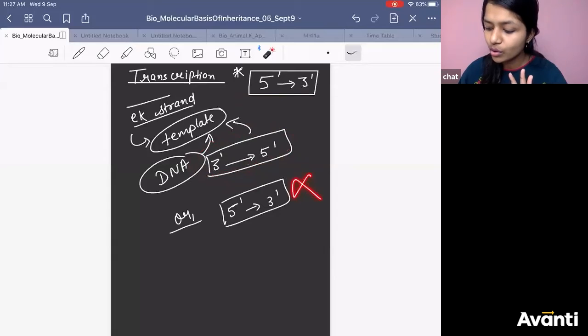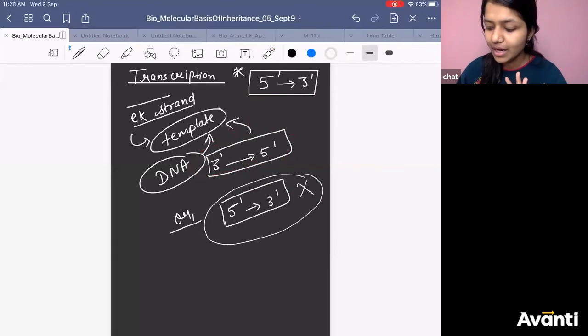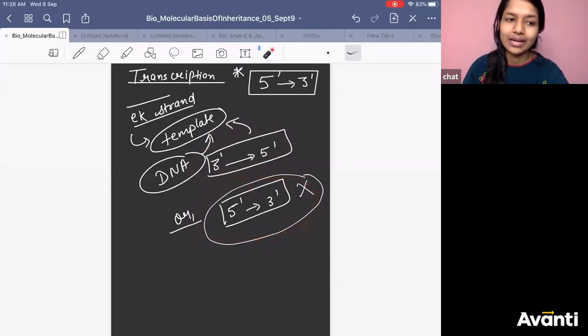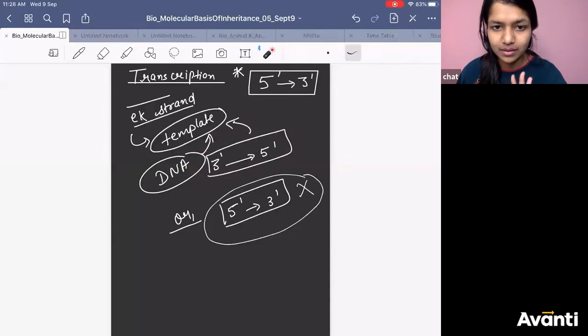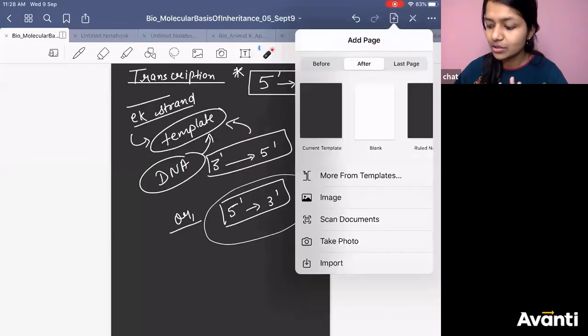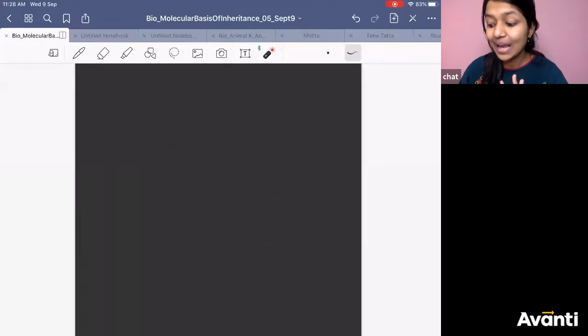This one, no. The answer for this is no. We can't use this as our template strand. Got it? Yes? I hope you have got it. Okay, chalo. So now I'm going to tell you some namings.